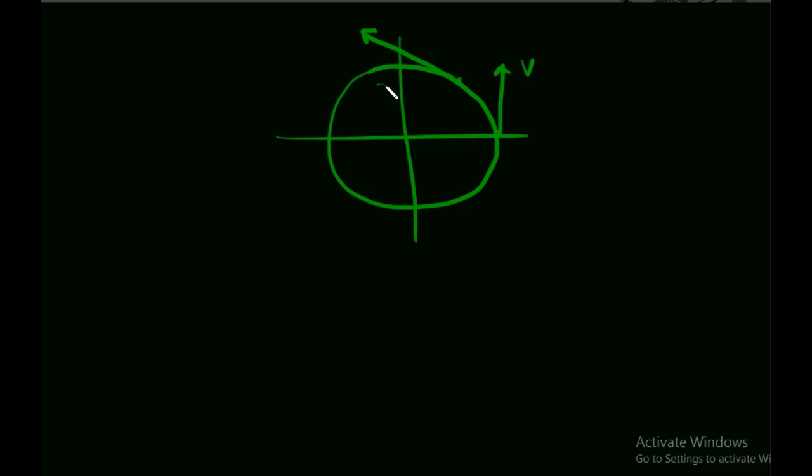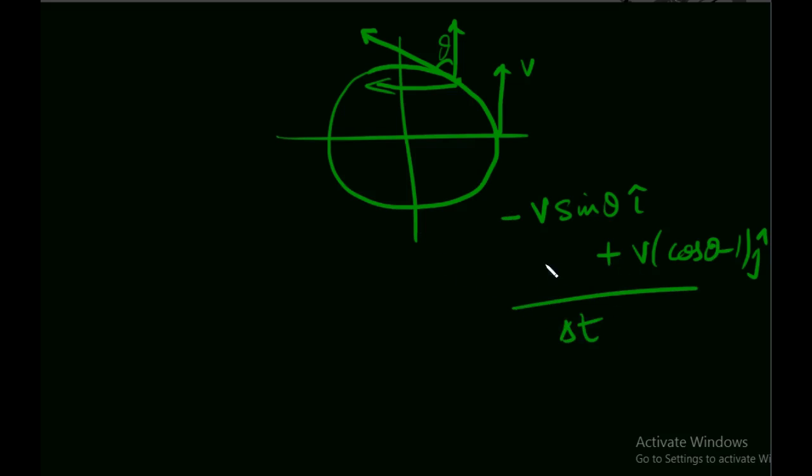This means the component of this, and we had originally the direction of acceleration like this, minus v sine theta I, because angle theta was like this, plus v into cos theta minus 1 j, right? And this is the direction of acceleration by delta t.